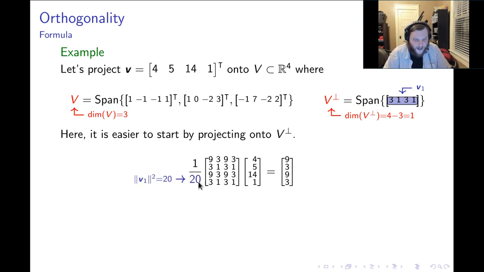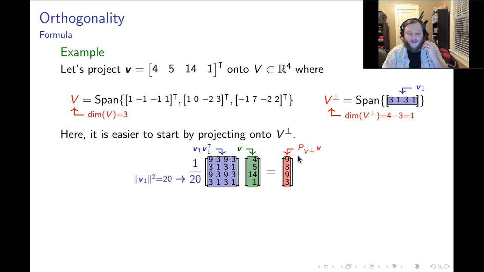Again, 20 is the length of v1 squared, and this 4 by 4 matrix is v1 multiplied by the transpose of v1. Then I'm going to multiply by the vector v that I care about, (4, 5, 14, 1). And when I do this product, I end up with the vector (9, 3, 9, 3). That is the projection of this vector onto the orthogonal complement of the space that I care about.